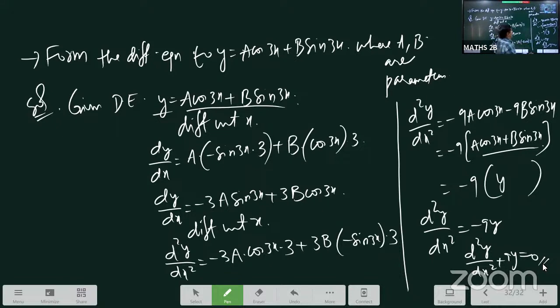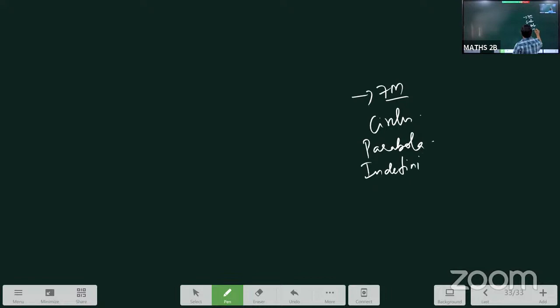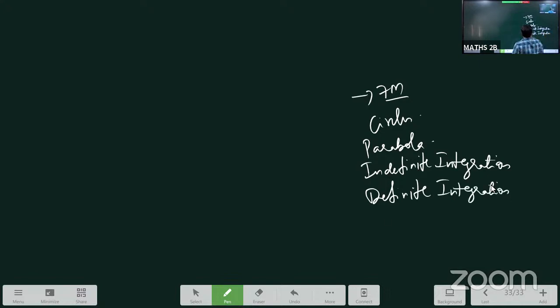So you have 4 mark. See here. 7 marks chapters: circles, parabola, indefinite integration. Definite also I taught. And differential equation also we did.